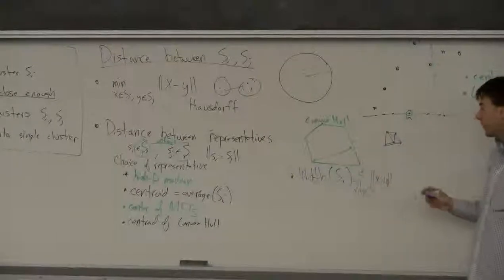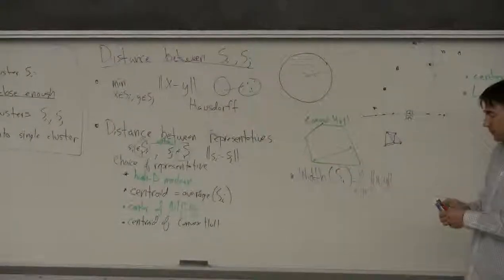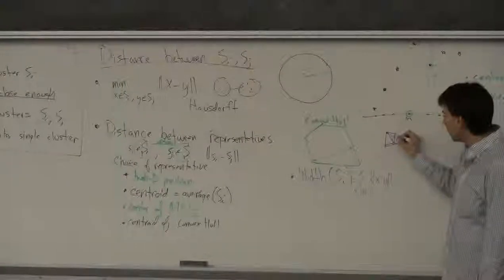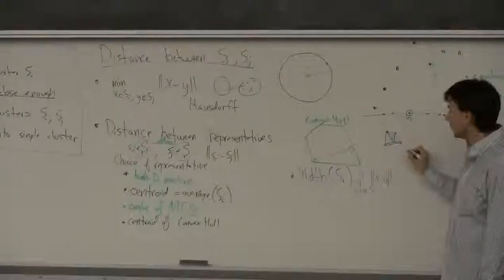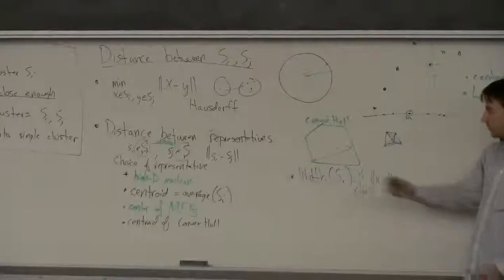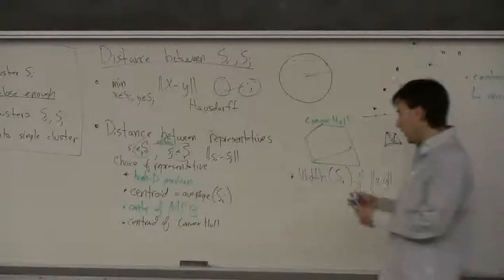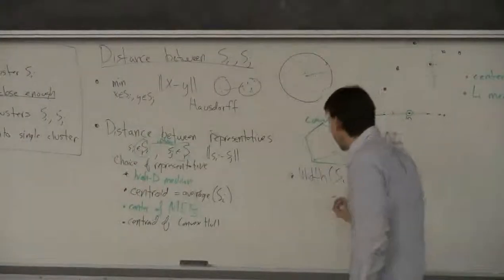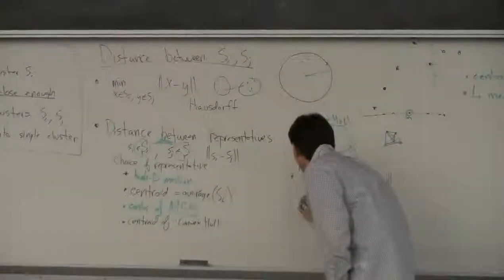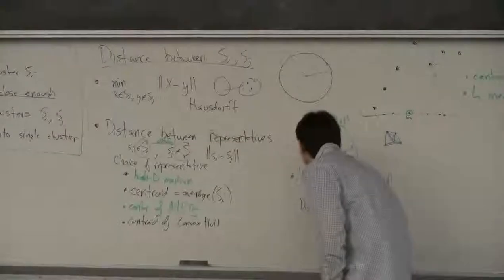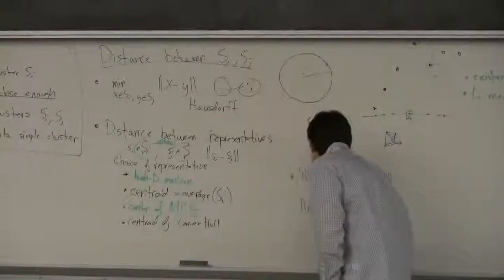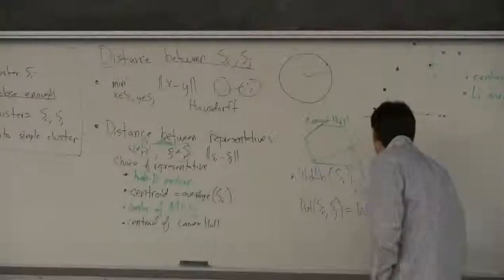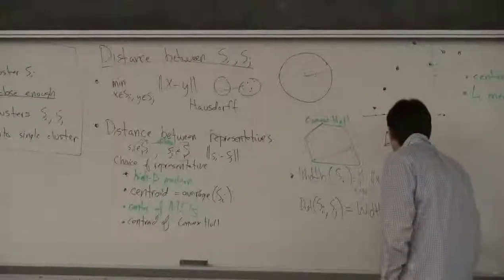There are other ways I could define this. I could pick a single representative point, say the centroid, and I could measure the sum of all the distances to the centroid, and this is the width. Then the distance between two clusters Si and Sj may be equal to the width of Si union Sj.